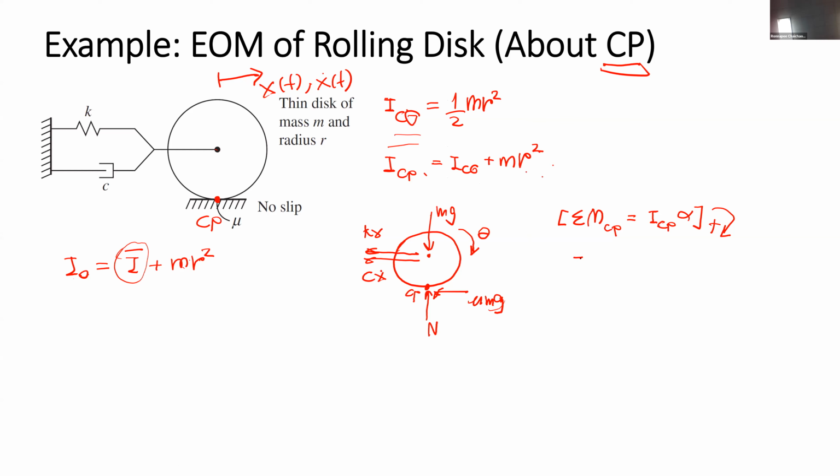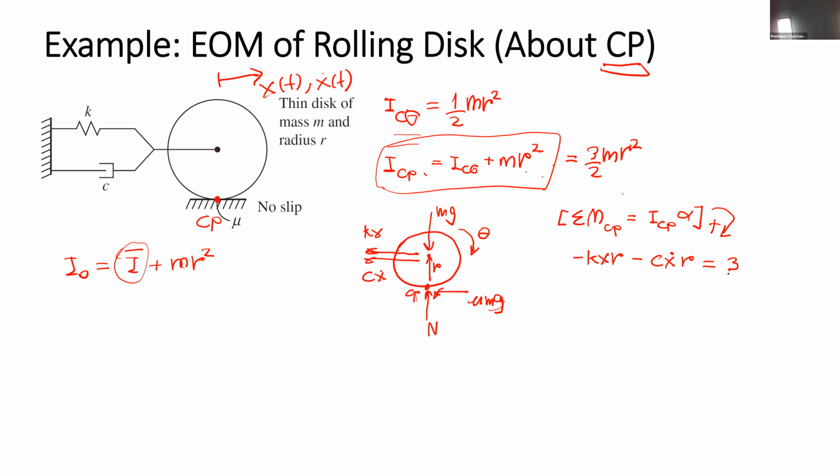So we're going to have minus kx at the radius r from this point and minus cx dot r. It will equal the moment of inertia about the contact point, which is ICG plus mr squared, or equal to 3/2 mr squared.